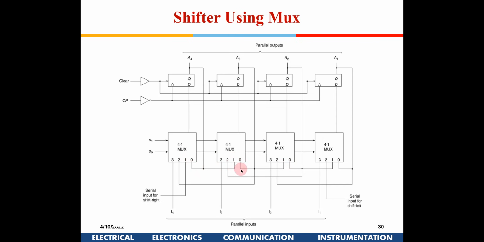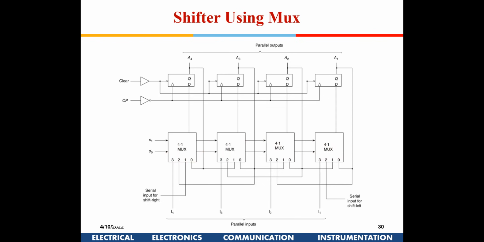Here it is taking 1, from the previous stage. So if I give a control signal 0 1, what is it going to do? It is going to shift this entire data, the previous data, whatever was available, towards the right.